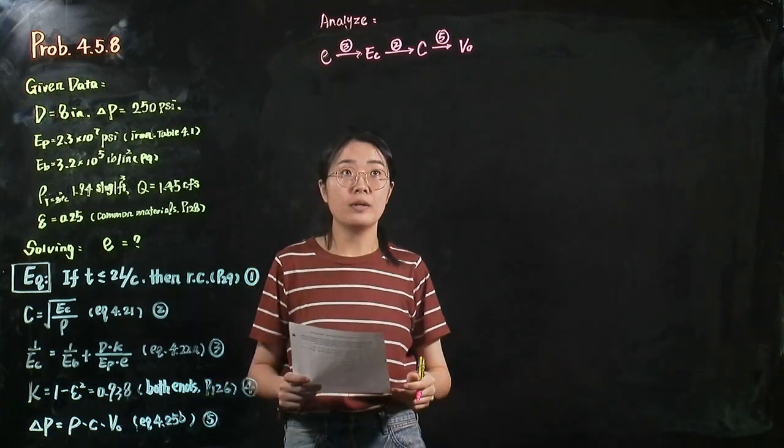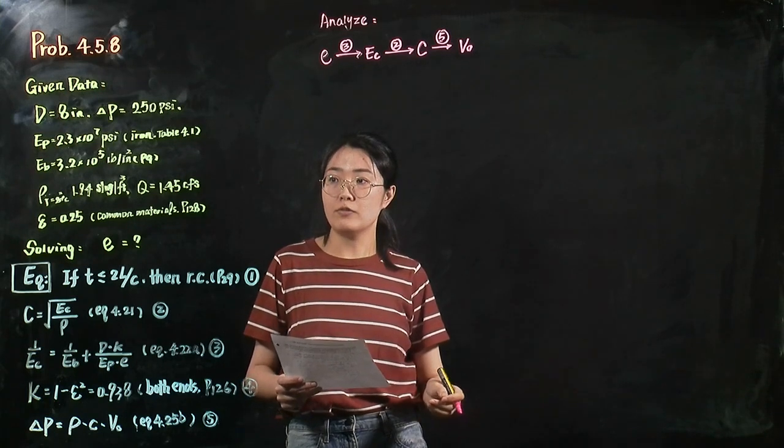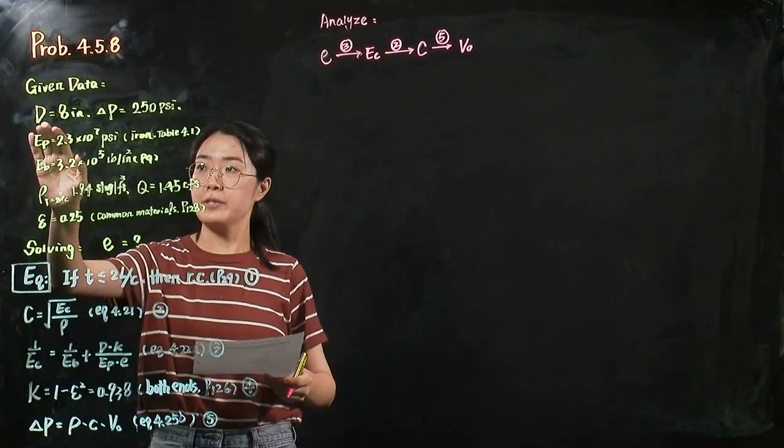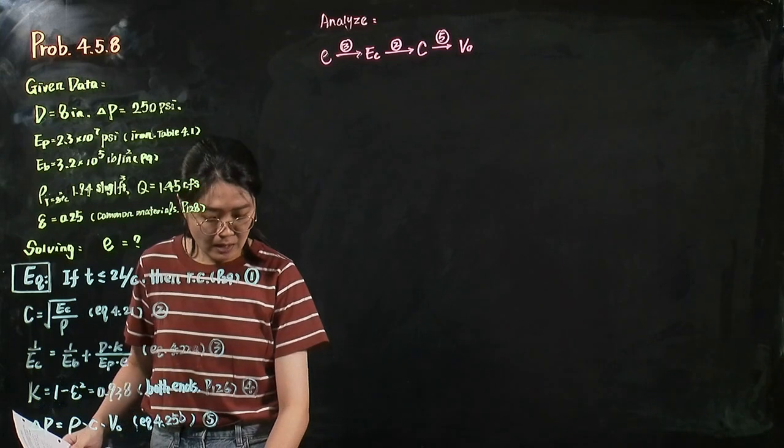Because we already know the velocity of the water equals the flow rate over the cross-sectional area. The flow rate and the diameter are all given. Therefore, we can start solving this problem.